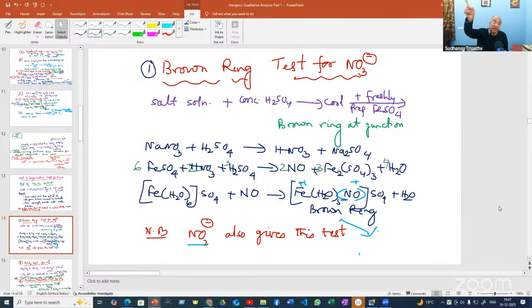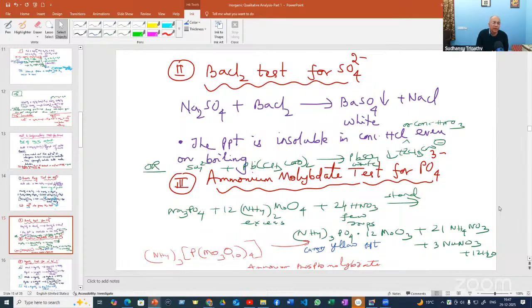Nitrite ion is already tested in dry test. And it is confirmed also with a dye formation test, sulfanilic acid and naphthylamine. And then if after killing nitrite salt, if you get positive brown ring test, then definitely it is due to nitrate ion. So this interfering radical test we are not doing today, or you are not supposed to get.